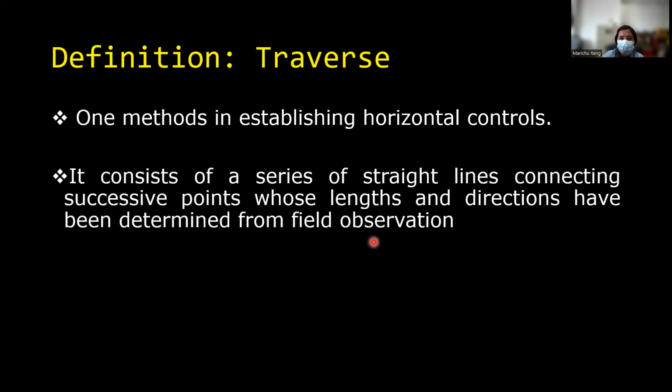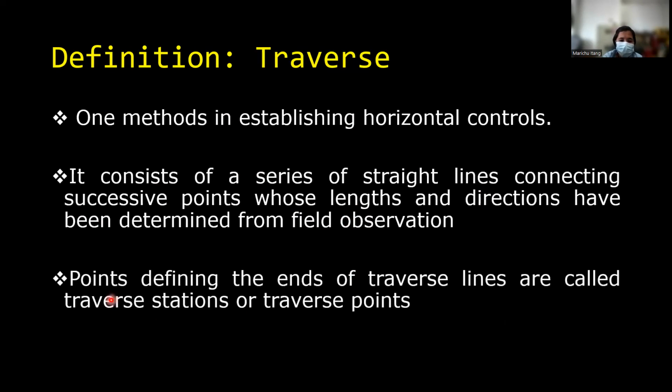So this is the common practice when we conduct a survey, if we are going to use the total station or the theodolite. One of the data that we can observe is the direction of the line and then the length of the line. Another definition of a traverse: points defining the end of traverse lines are called traverse stations and traverse points.